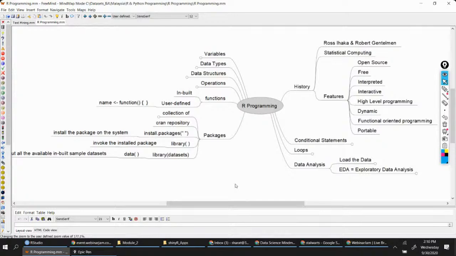Right? And once we have understood each and every column as part of our univariate analysis, we go to bivariate analysis. Two variables taken together. And here we are trying to understand the relationship between these two variables.